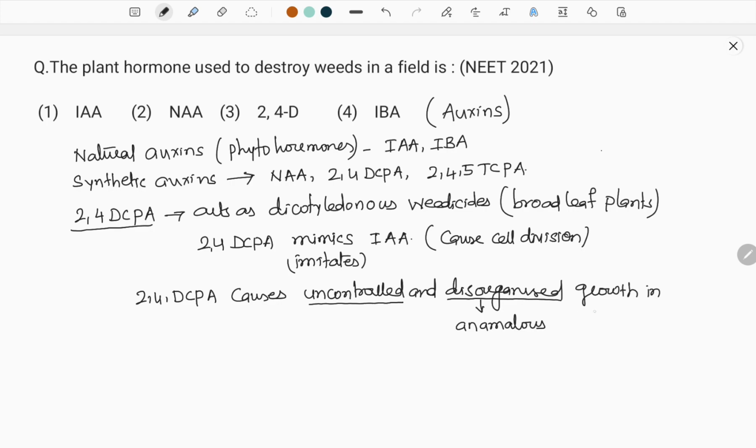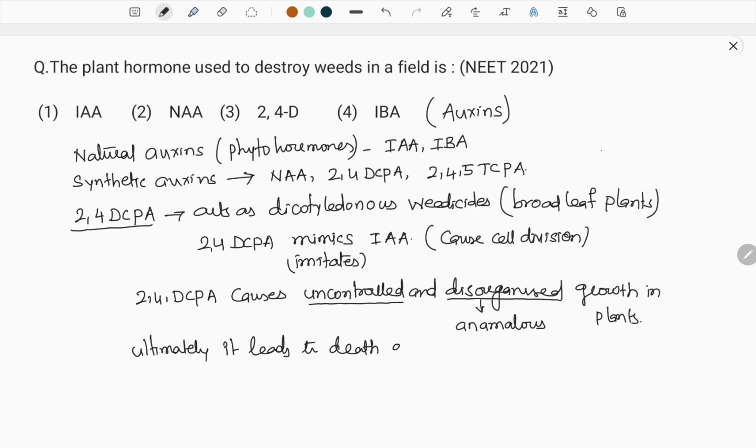Due to this uncontrolled and excessive growth, ultimately it leads to death of the plant.